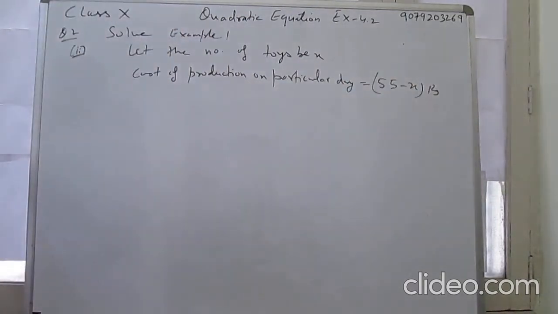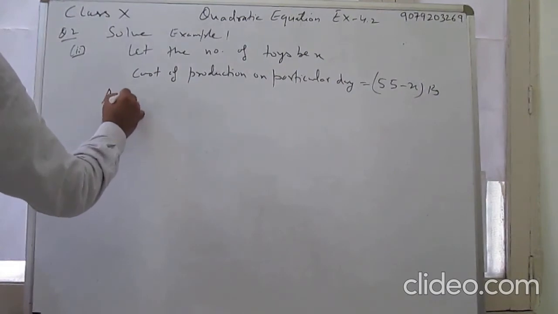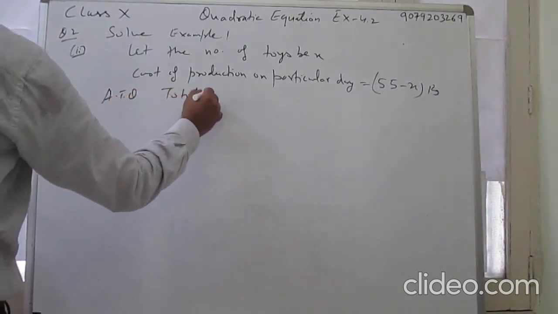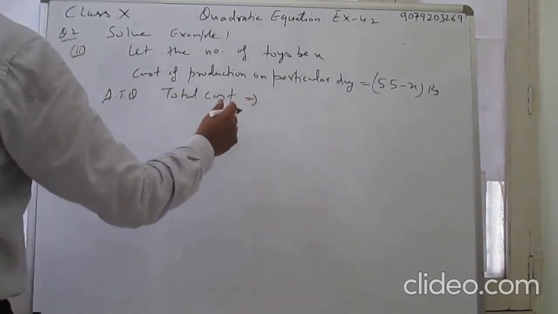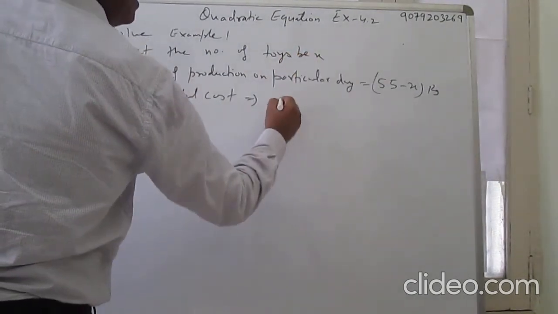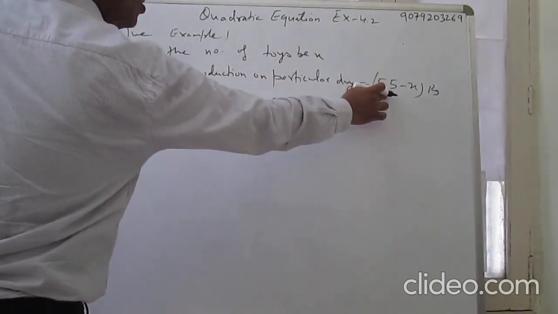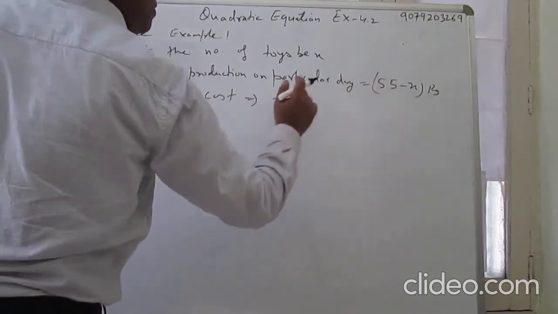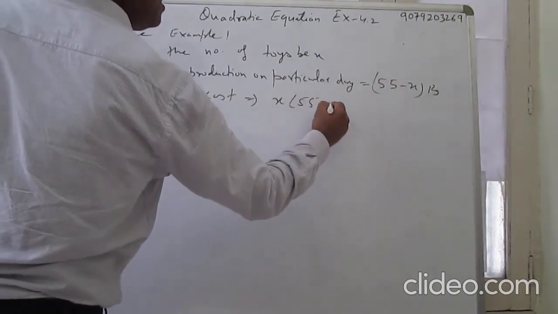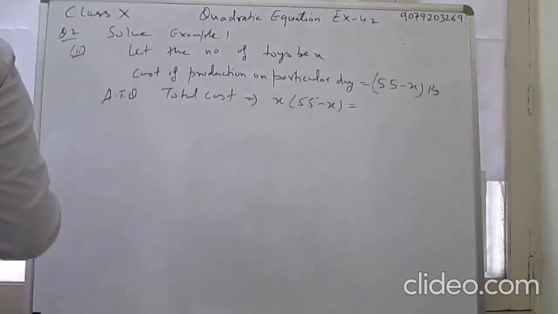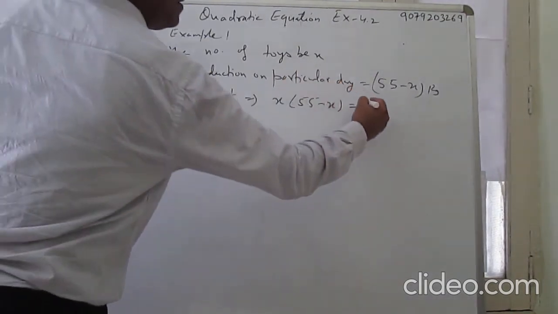So according to the question, total cost is equal to, what will it be? Given the number of items multiplied by the cost of each item. Cost of each item is 55 minus x, is equal to, given to you, 750.